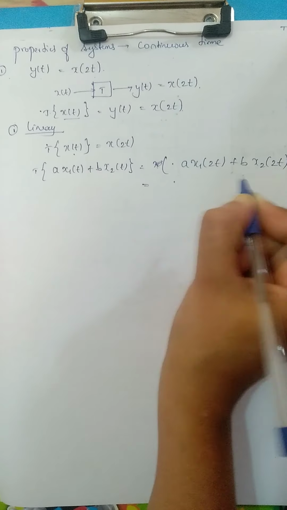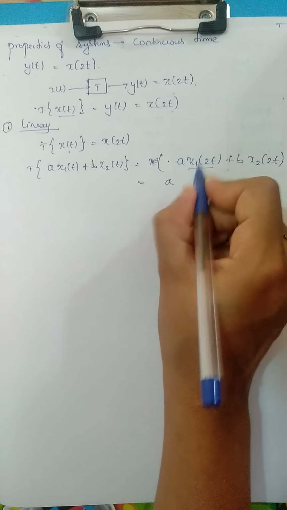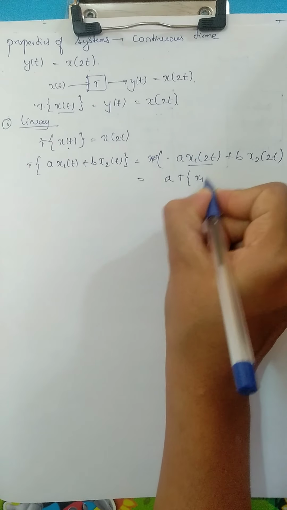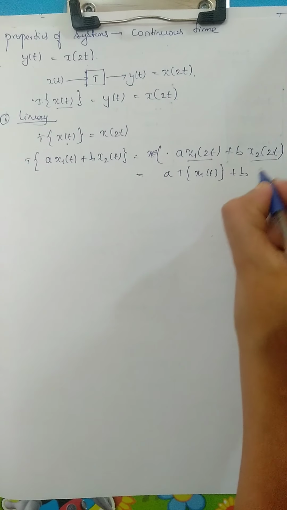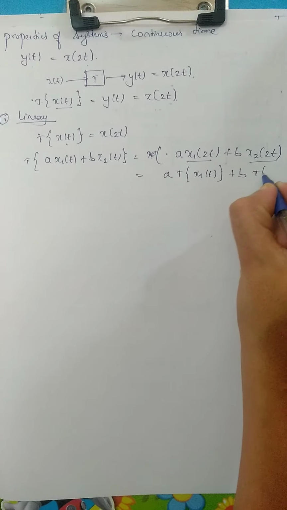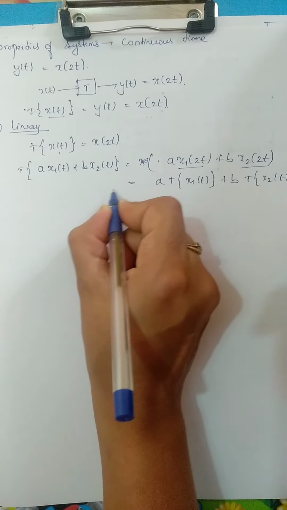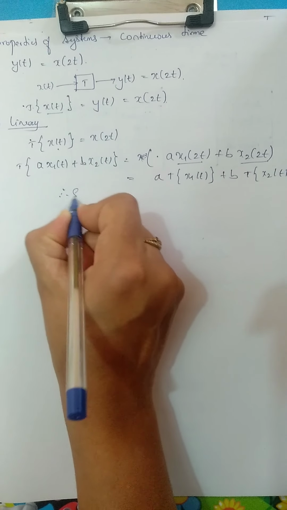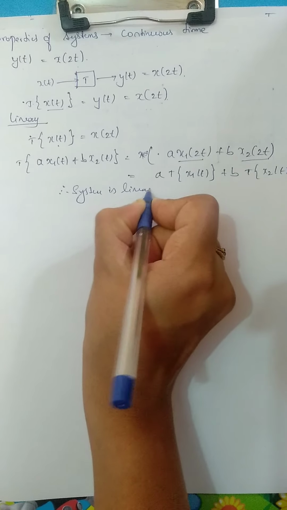If we simplify, this will be a into x1 of 2t, I can write it as T of x1 of t, plus b into x2 of 2t, I can write it as T of x2 of t. So the equation is satisfied, and we can say that the system is linear.